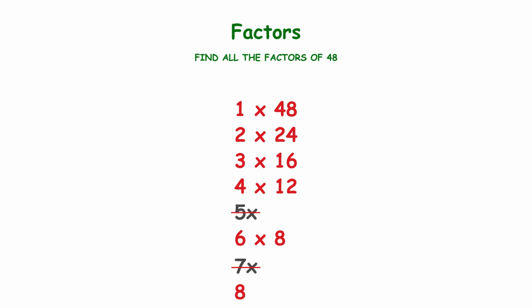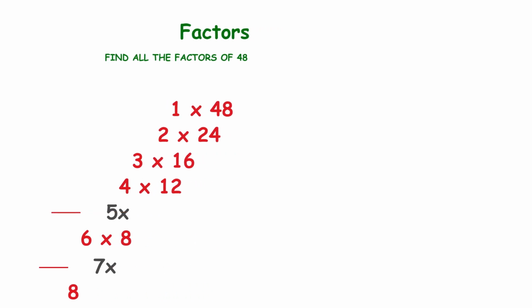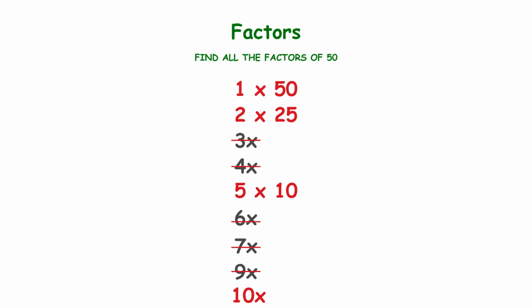Then we have 6 times 8. 7 also isn't a factor. And then we get to 8, which we've actually already covered in 6 times 8. So we can stop here. And we know that our factors in ascending order are 1, 2, 3, 4, 6, 8, 12, 16, 24, and 48.